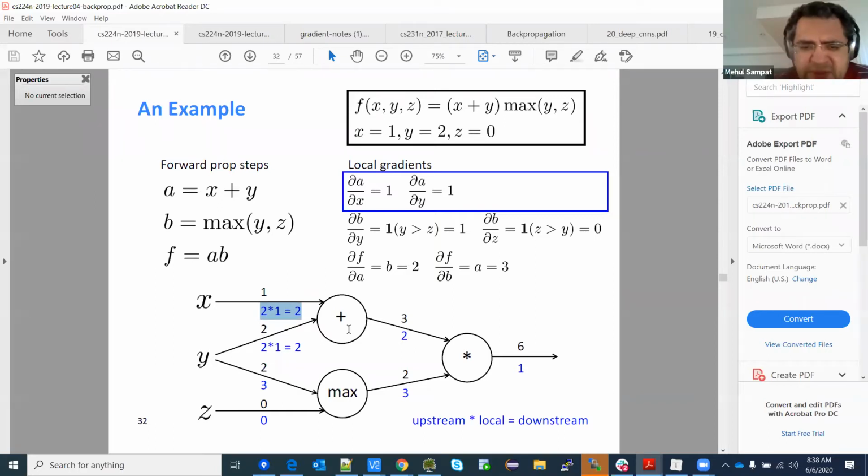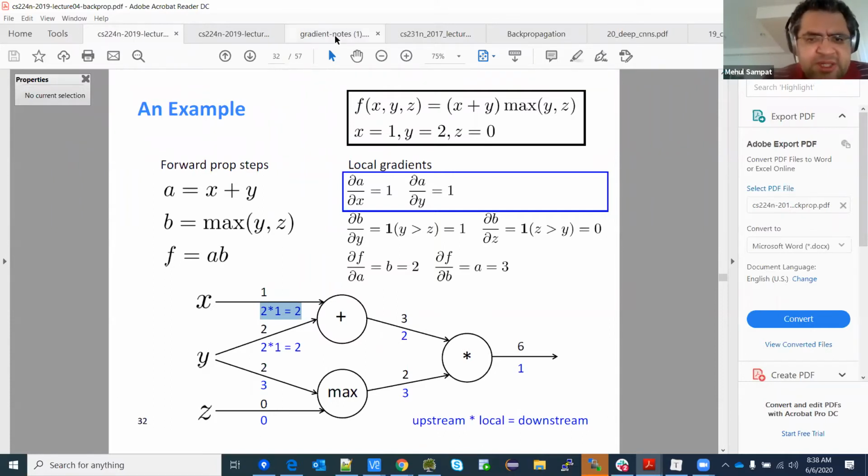Sorry, you're breaking up. But basically, at this node, these are the local gradients, and at this node, these are the local gradients, and at this node too. Each node has local gradients. Just think of that.